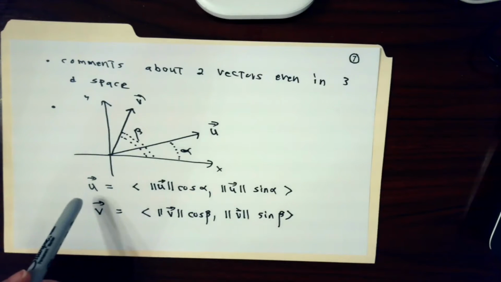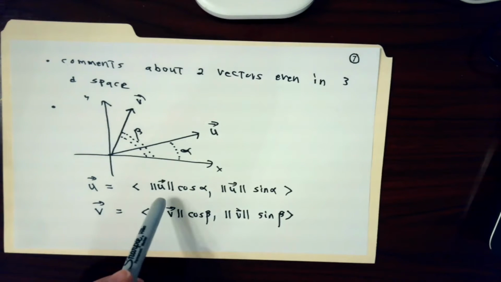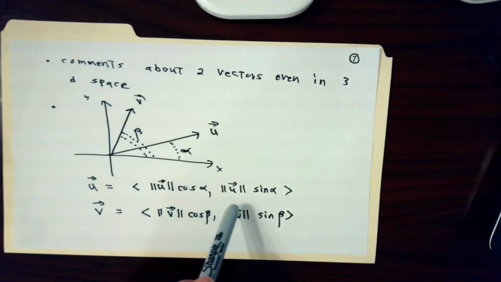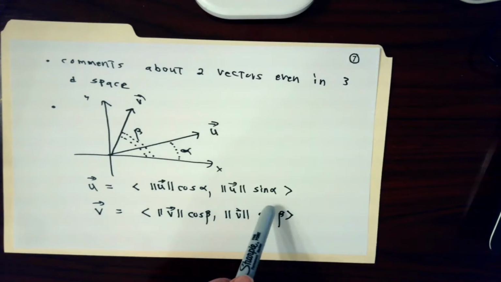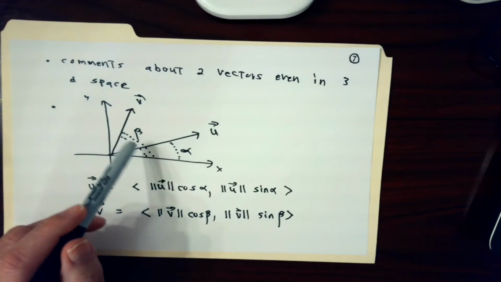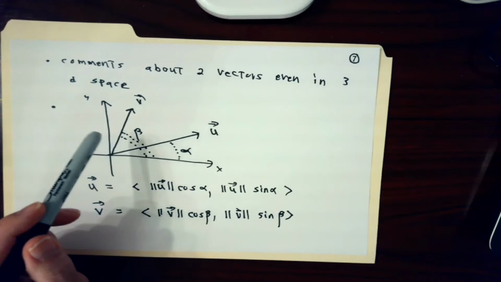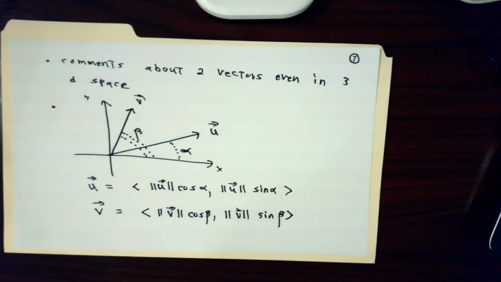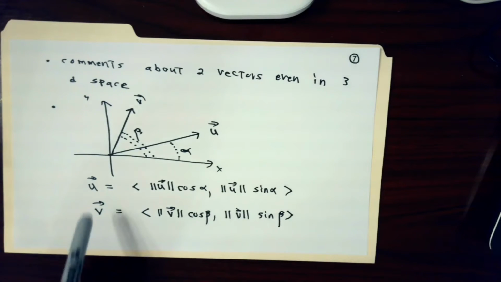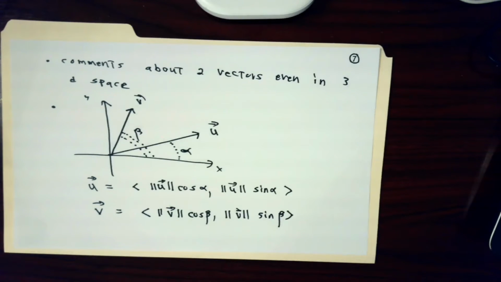So u is actually, in component form, length of u cosine alpha, length of u sine alpha. If I call the angle between v and the positive x-axis beta, I can say that vector v is length of v cosine beta, length of v sine beta. And again, for emphasis, these are vectors, they are arrows.